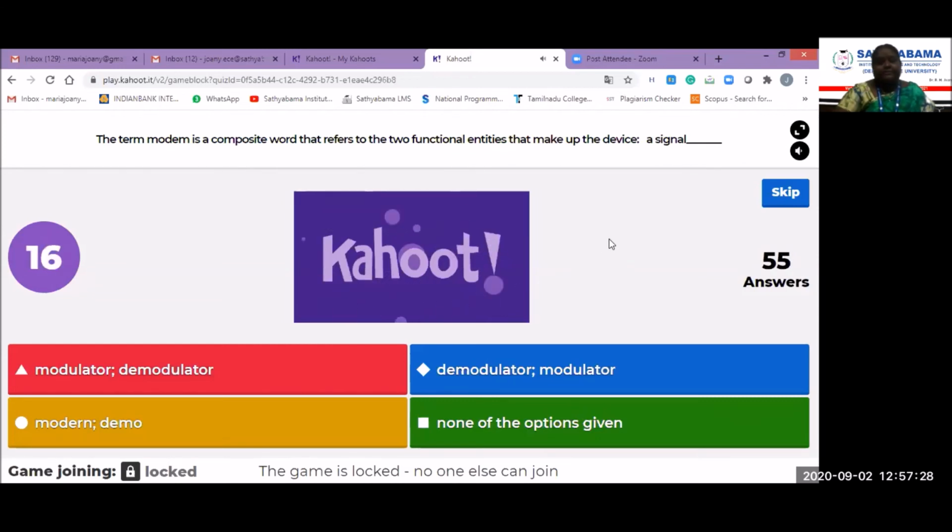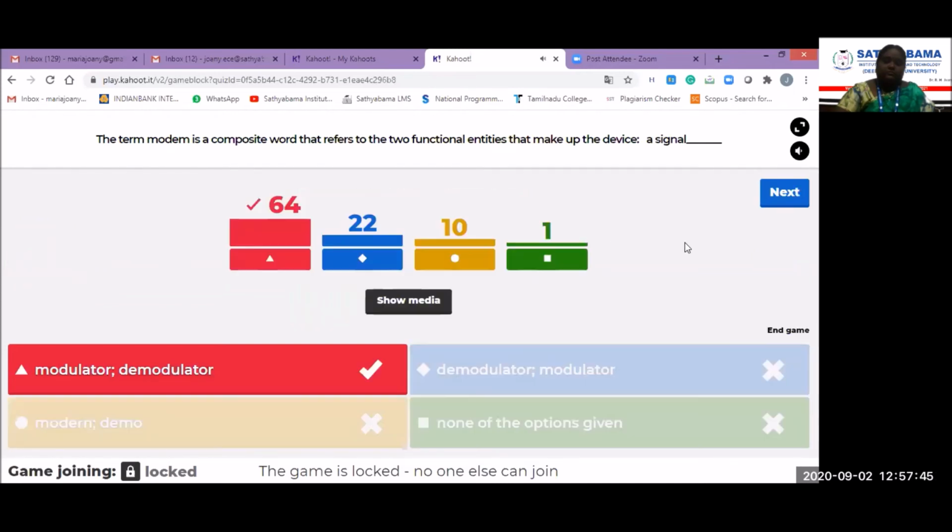The term modem has evolved. Yes, it is going to be modulator and demodulator. So the name has been given modem.